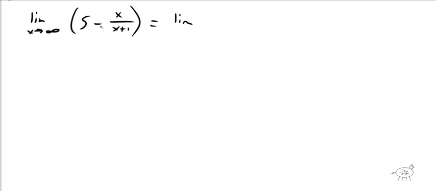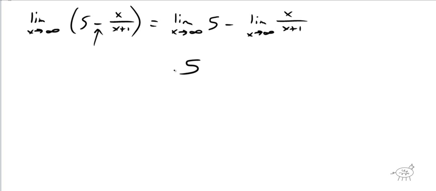Actually this is the difference rule because it's subtraction, but I have limit as x approaches infinity of 5 minus limit as x approaches infinity of x over x plus 1. So that one's easy. That one's just 5. If it's a 5 there, just a constant, it's just that value.